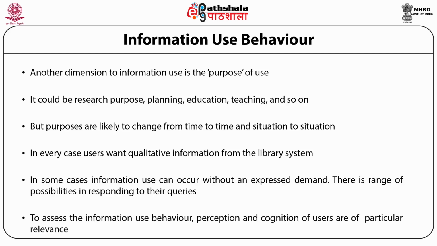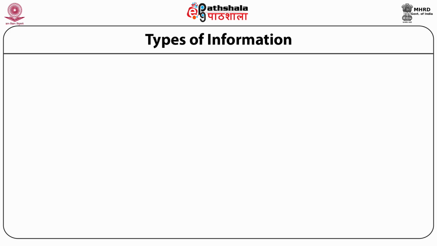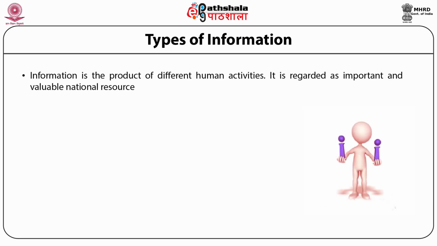To assess the information use behavior, perception and cognition of users are of particular relevance. Once the librarian is able to know about the information use behavior, then he can look at various types of information which could be provided in response to queries received.